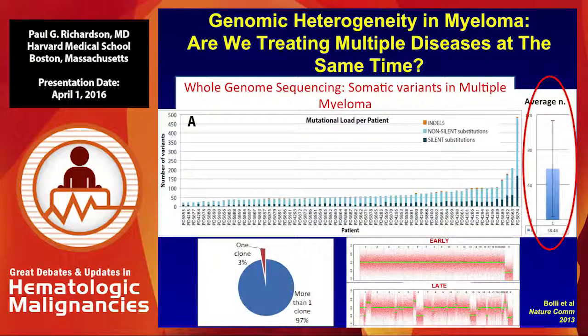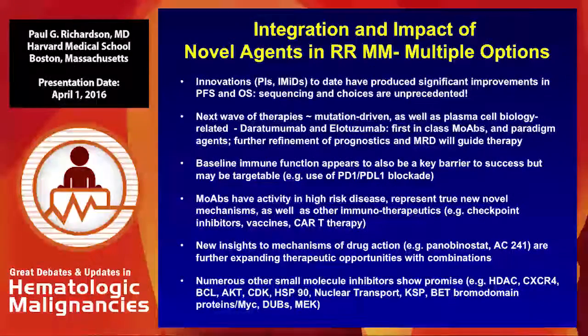So I would argue that as we think about things like RVD, Pom-Velcade-Dex, KRD, K-Pom-Dex, I'd make a very strong argument for additional agents to be added to get over this kind of problem. Because at the end of the day, it's very sobering if you have a patient with 4,000 mutations at diagnosis and treatment, and then when they're relapsing, you find they've got 12,000. And that's essentially what that shows.